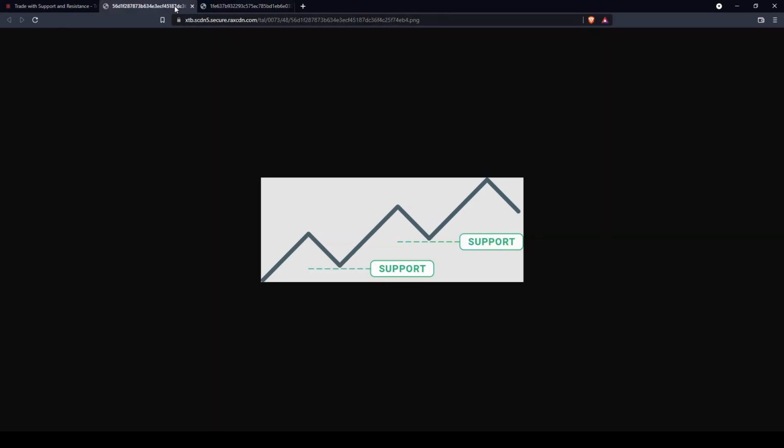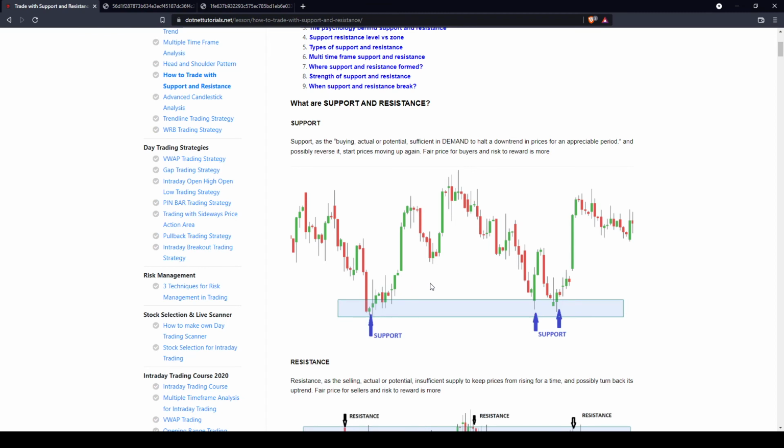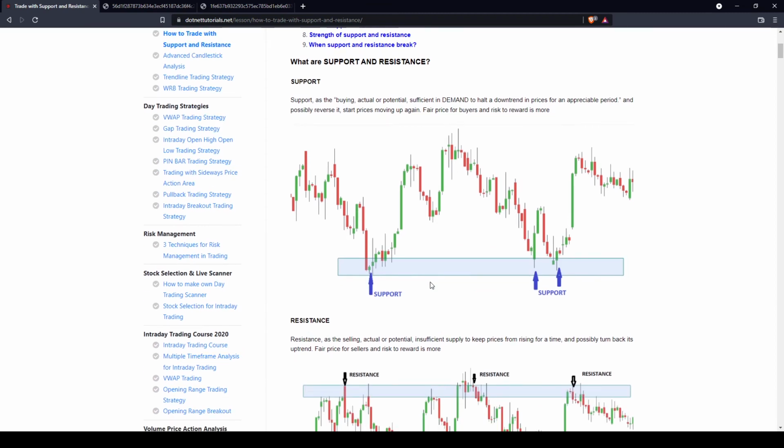Now let's use somebody else's words for a second to help me. Okay, support: the buying, actual or potential, sufficient in demand to halt a downtrend in prices for an appreciable period, and possibly reverse it.